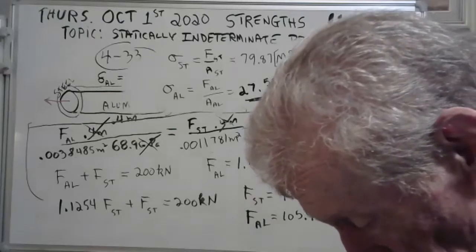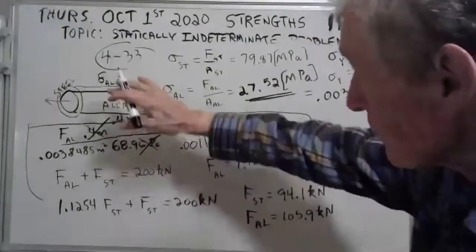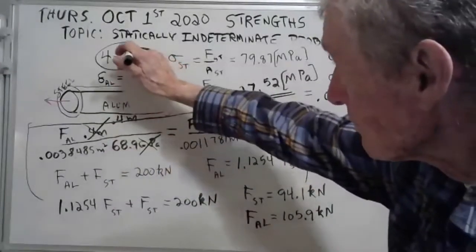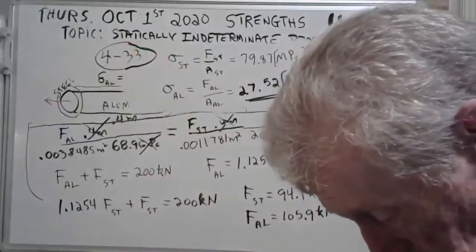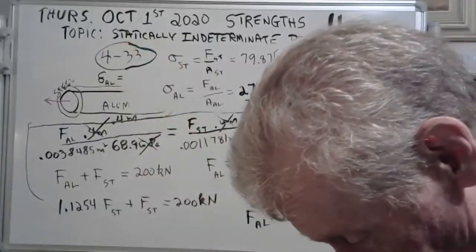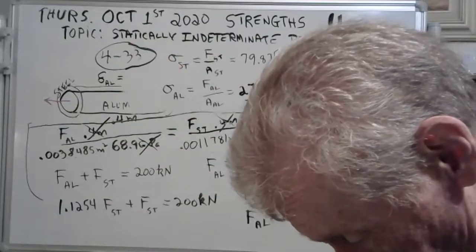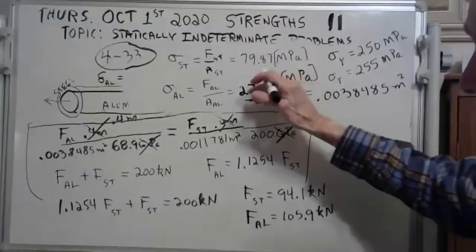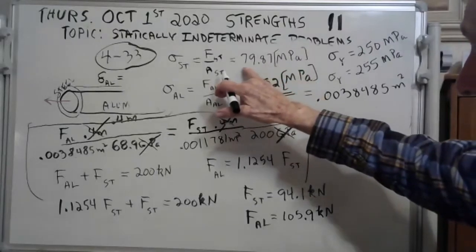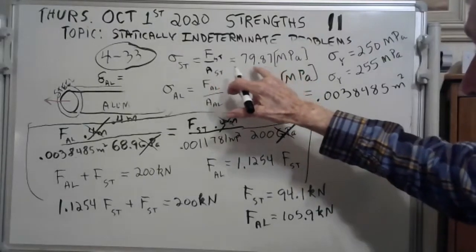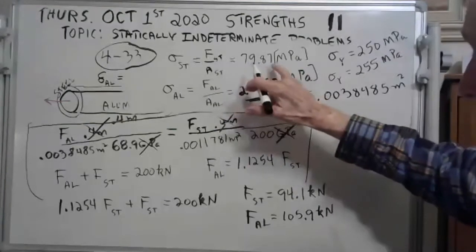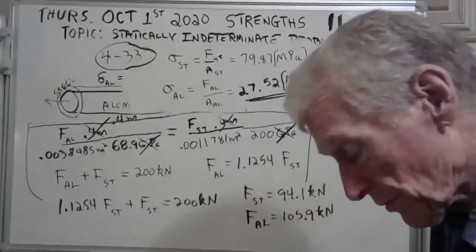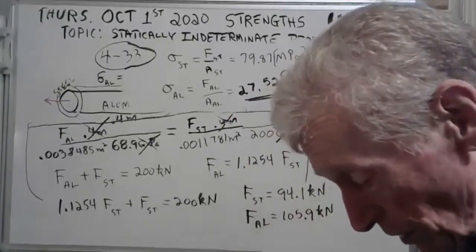Megapascals. We're doing problem 433. And they said the stress in the steel is 79.9 megapascals. Hey, they just rounded off. We got 79.87. They got 79.9 megapascals. We agree with them, and we understand that problem.